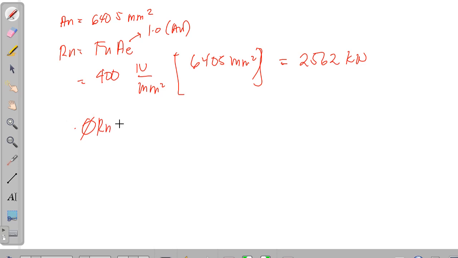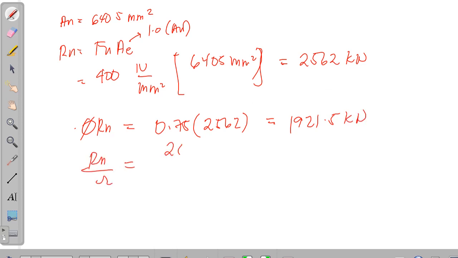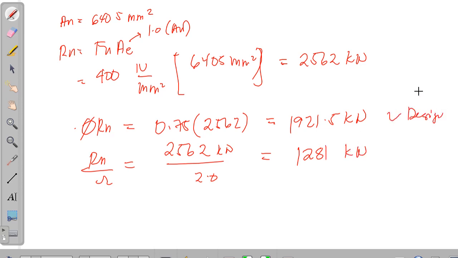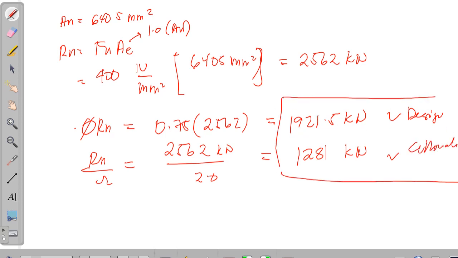Sabi natin, ang design strength, this is our design strength, that is equal to 0.75 times 2562 Rn is equal to 1921.5 kilonewton. And for our allowable, that is 2562 kilonewton over 2.0 equal to 1281 kilonewton. So this is our design strength, tensile strength, and this is our allowable tensile strength. So ito yung magiging sagot natin for the problem number 2. Okay?